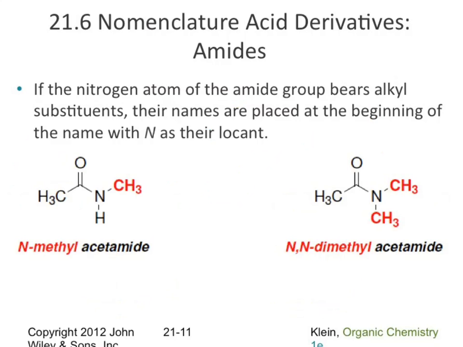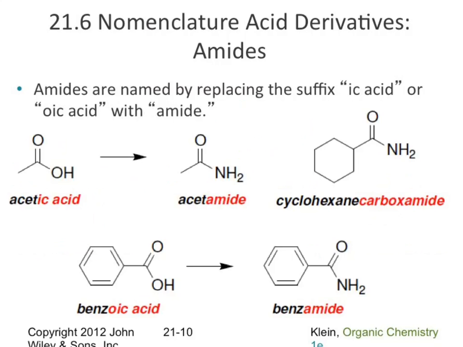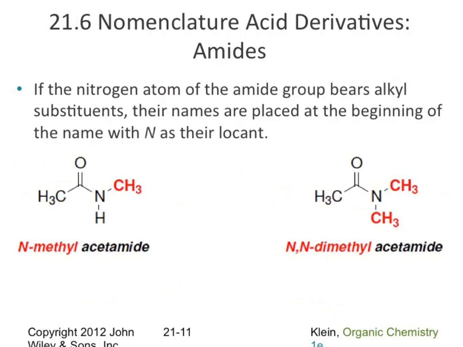Oh, this one's actually kind of important. What happens if your nitrogen, so in our first case, all these cases we're looking at our nitrogen with hydrogens attached to it, what happens if they aren't hydrogens? If we now make them an alkyl group? Okay, that's going to complicate how we go through and name this.